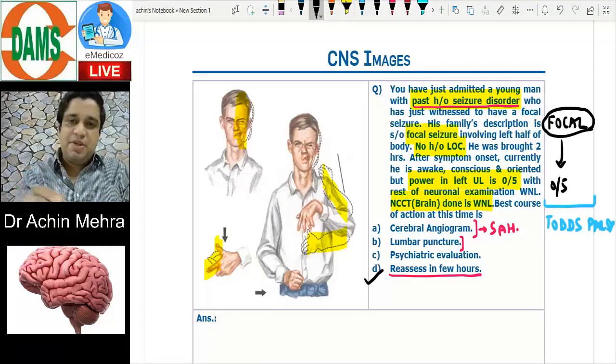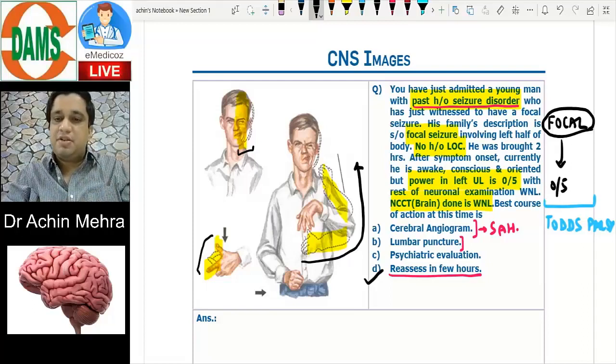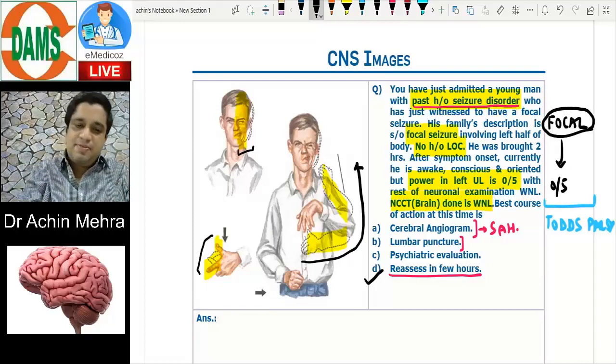So what do you see in a progressive fashion? In the same patient, the seizure started in the face, went on to the hand, and then moved to the entire upper limb, right? So the onset of the seizure was at a particular point, that is the face, then started involving the entire left upper limb of the patient. So what do you see this as?